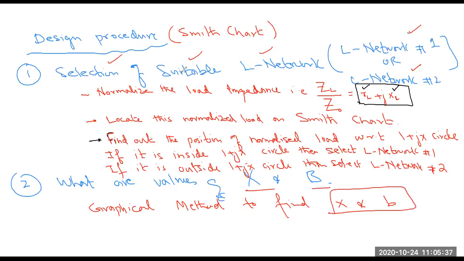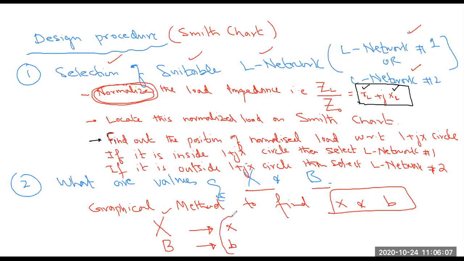And you can see why I am representing this by small x and small b, because whenever you use Smith chart, all quantities are normalized. Okay. So in the circuit, you have capital X. But when you use Smith chart, first of all, you will find out small x, which is the normalized value of this reactance. Similarly, in the circuit, I am representing susceptance by capital B. But first of all, we will find out small b, that is normalized.